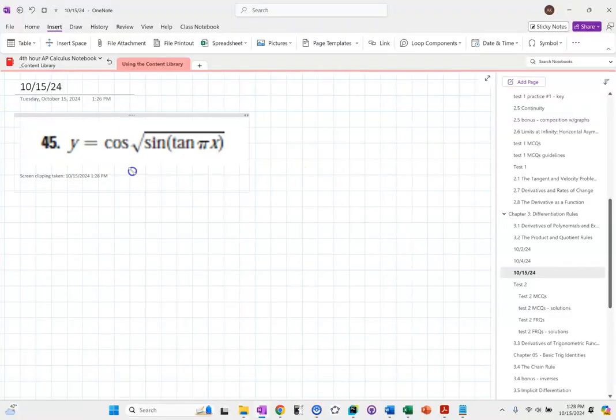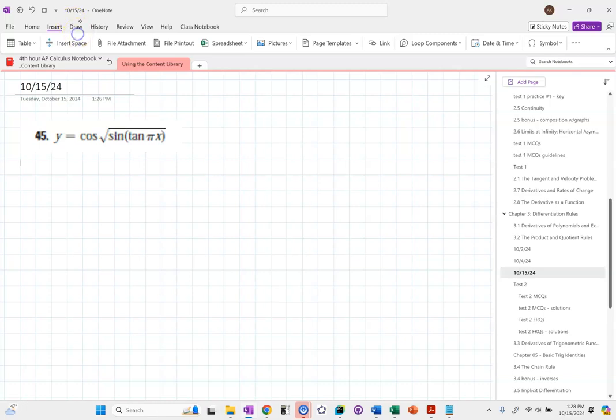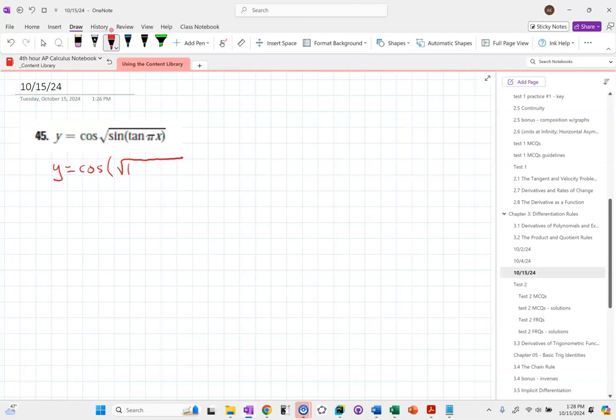So we're just looking to find the derivative. So, Emily, right here from jump, I would probably rewrite this to emphasize my inner to outerness.